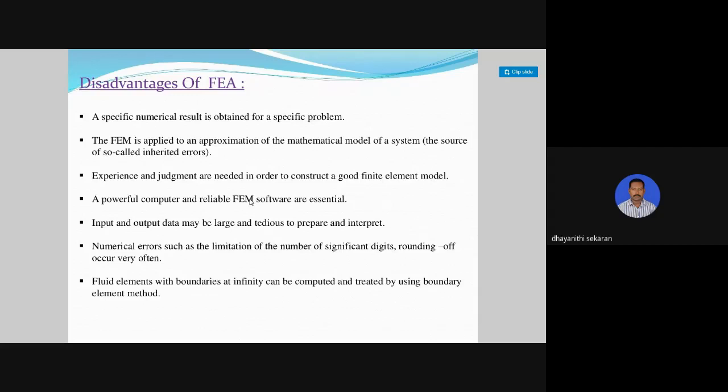Input and output data may be large and tedious to prepare and interpret. Numerical errors such as limitation of the number of significant digits and rounding off occur very often. Fluid elements with boundaries at infinity can be computed and treated by using boundary element method.